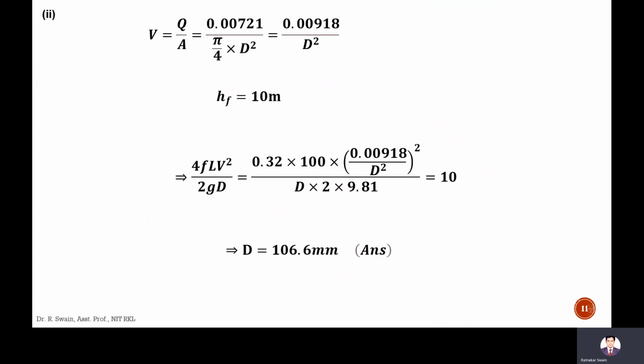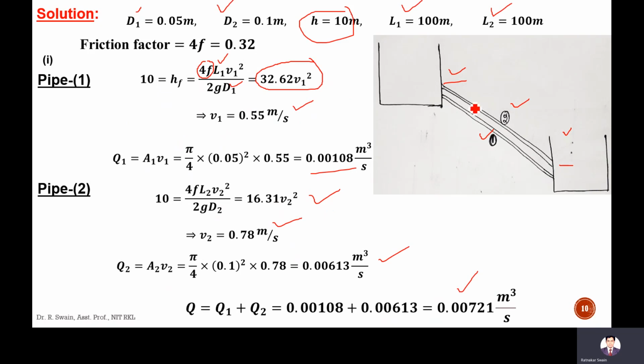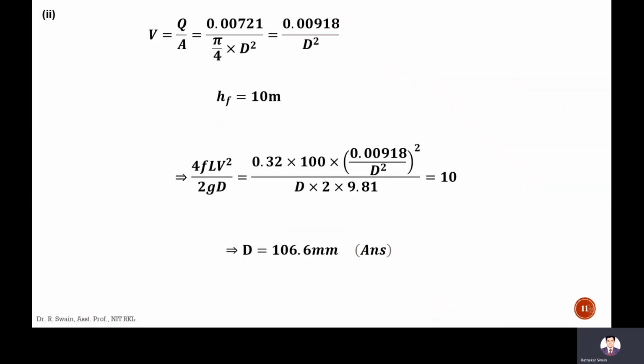Come to the second bit. In the second bit it is asking that a single pipe is replaced with these two pipes, and the length of this replaced pipe is 100 meter. Only dia we have to calculate. Instead of these two pipes, only one pipe is connected, and the length is given 100 meter, and dia I have to calculate.